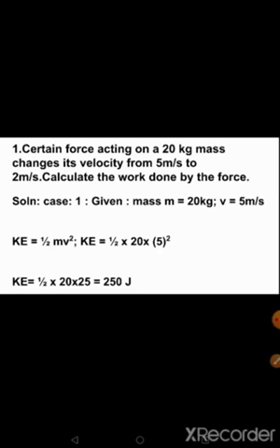First we'll take the mass as 20 kg and velocity as 5 meter per second, and then we'll calculate kinetic energy, and then we'll take the second case with mass 20 kg, mass remains unchanged, and velocity is 2 meter per second.